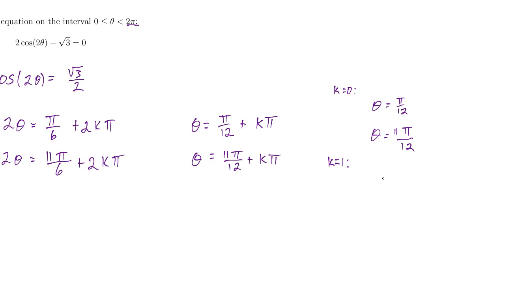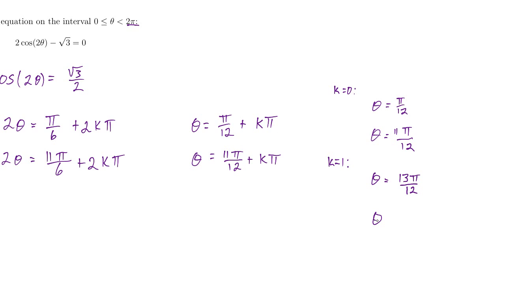So if k is 1, I get 2 more solutions. Theta could be pi over 12 plus pi. Pi over 12 plus pi would be 13 pi over 12. And if you don't see that, just write the common denominator for pi over 12 plus 1 pi.